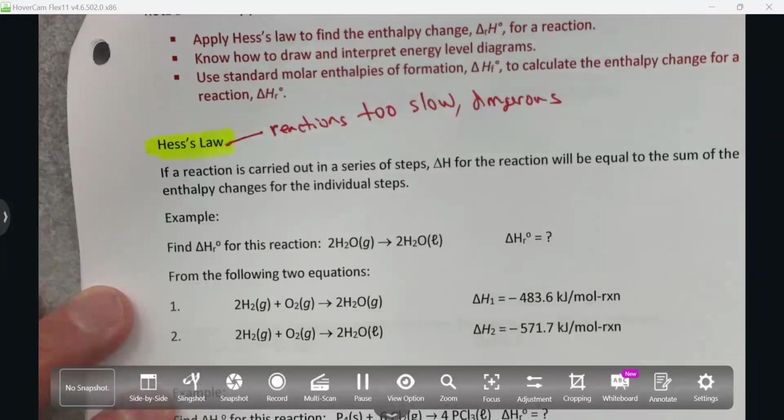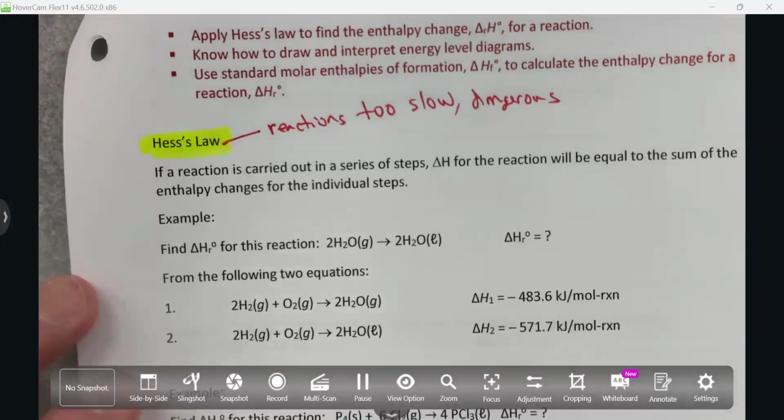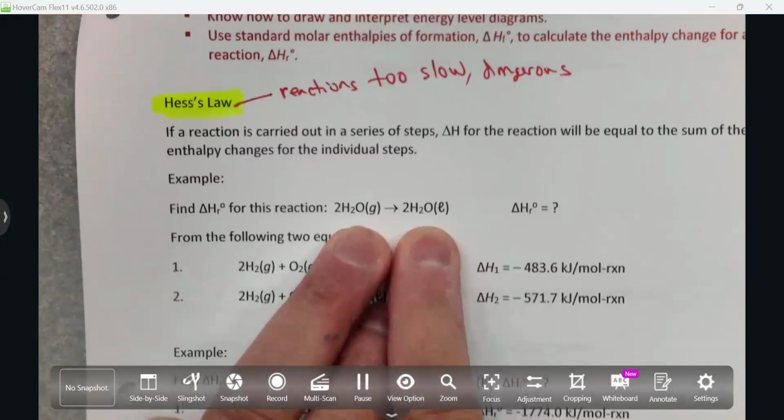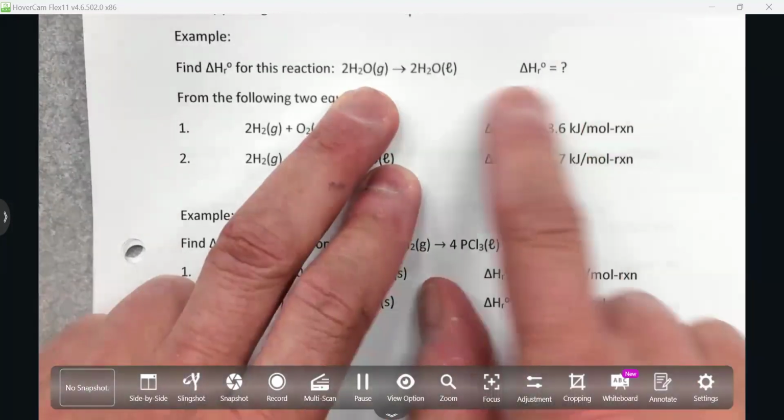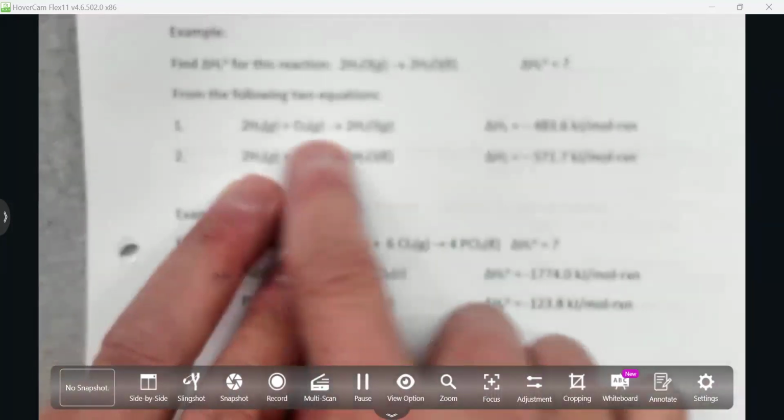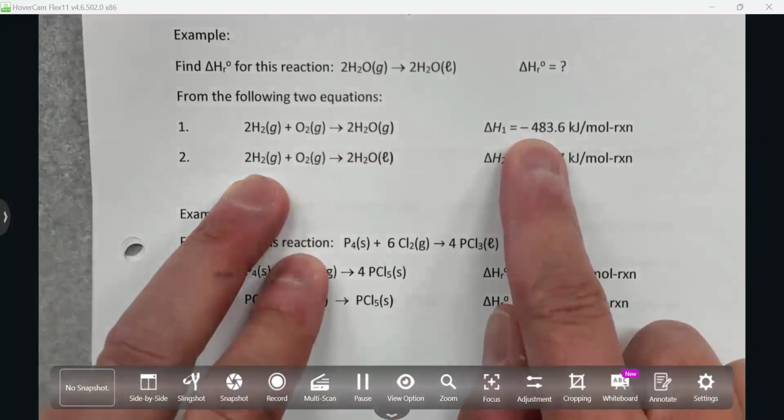Okay, so this works best if you have a highlighter. Grab some highlighters if you've got them. So we want this reaction here. We want how much heat for this reaction, and we're going to combine these two.